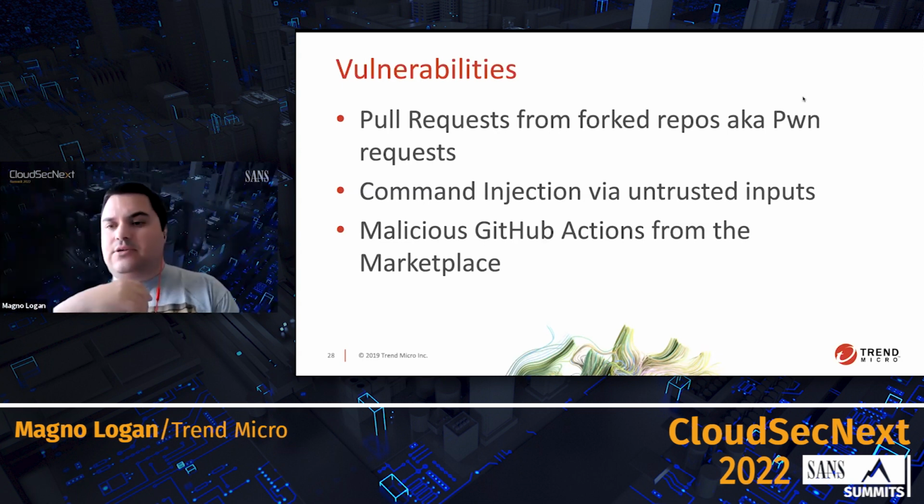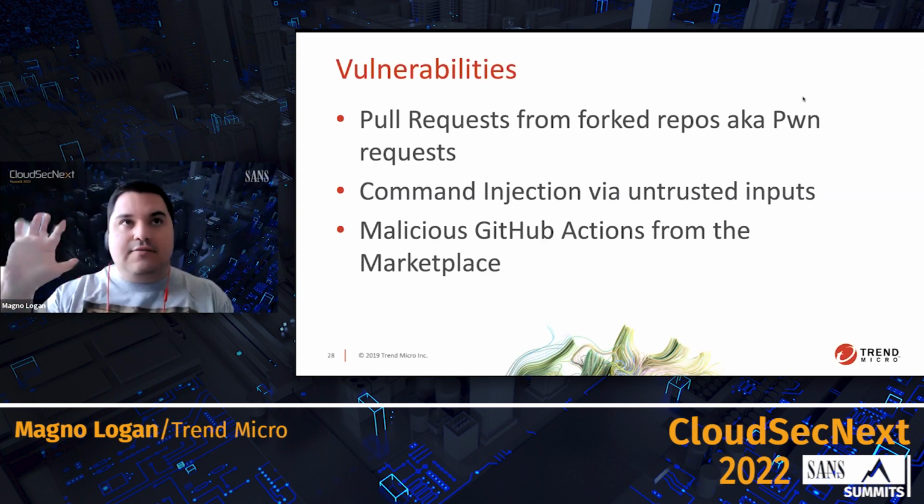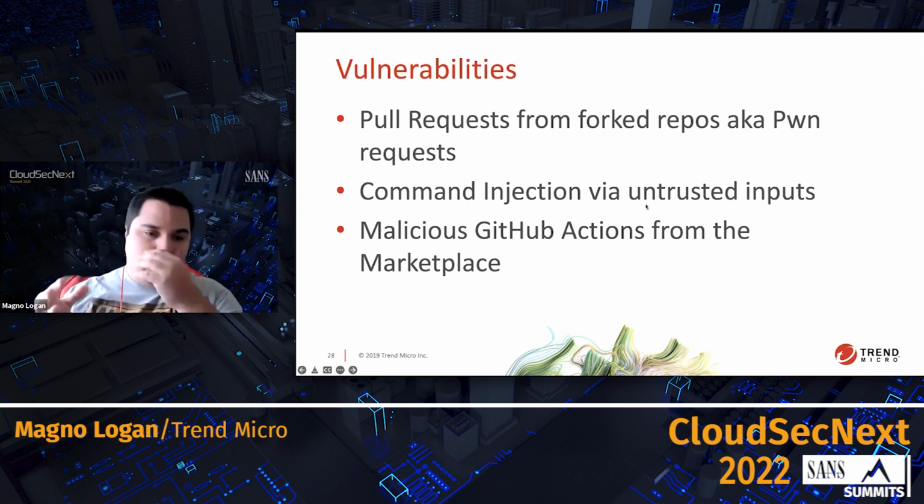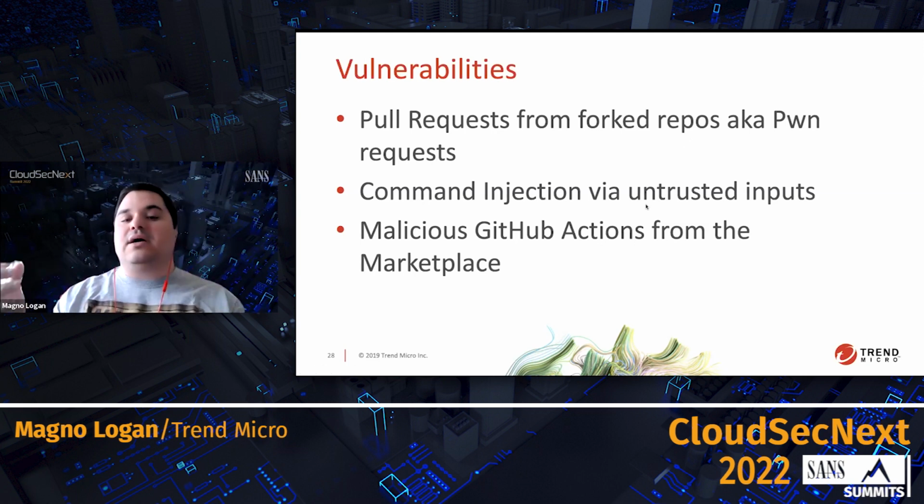I have an article coming up in the following weeks, probably this month, analyzing all these different crypto miners inside GitHub Actions to go into more detail. So stay tuned for that. There's also the ability for command injection, right? Command injection via untrusted inputs. And what we're going to focus on in this talk is the malicious GitHub Actions from the marketplace.